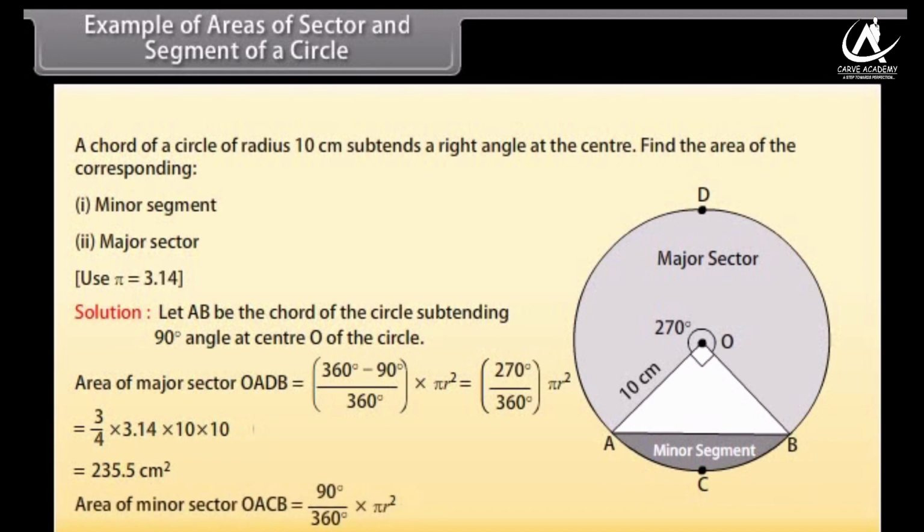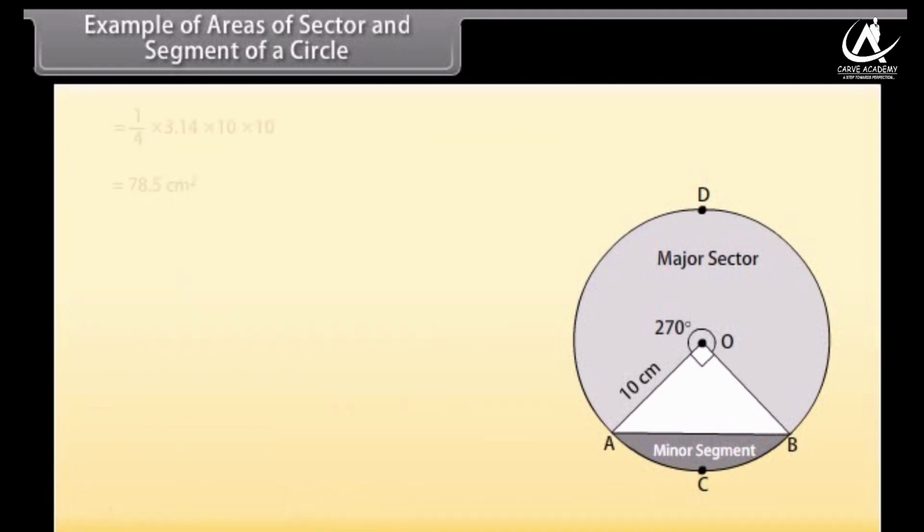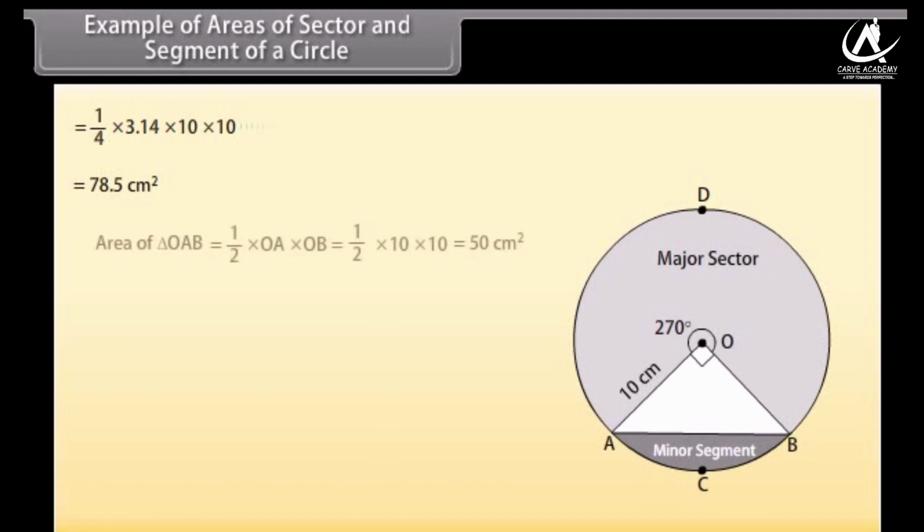Area of minor sector OACB is equal to 90 degree upon 360 degree into pi r square, which is equal to 78.5 centimeters square. Area of triangle OAB is equal to 1 upon 2 into OA into OB is equal to 50 centimeters square.